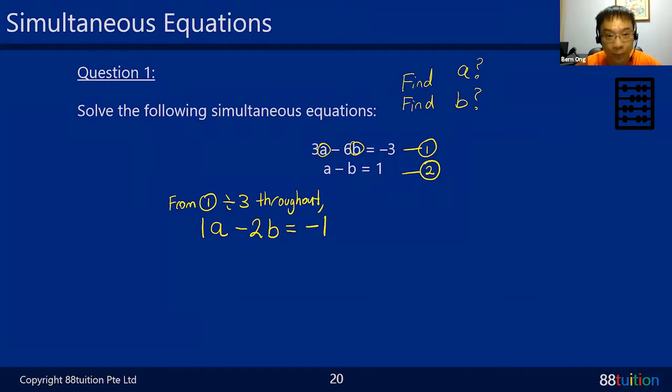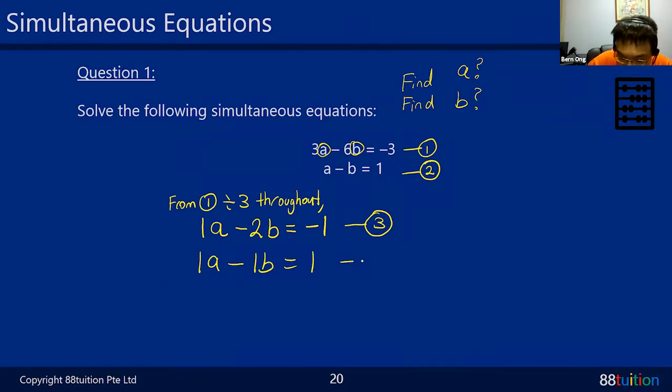Correct, good job. So 1a minus 2b equals negative 1. This is equation number 3, and it comes from equation number 1, because they are linked. I divided by 3 throughout equation 1. Equation number 2, I write down here: 1a minus 1b is equal to 1. So now I do a comparison.